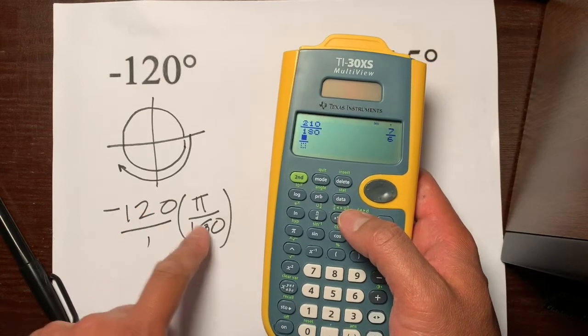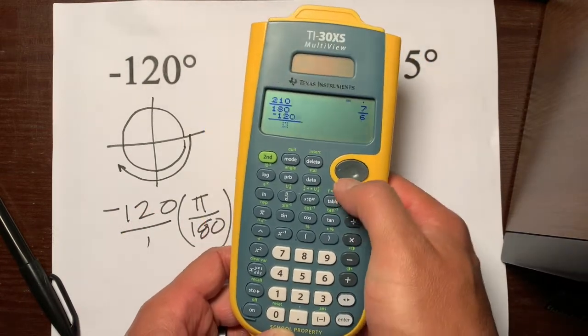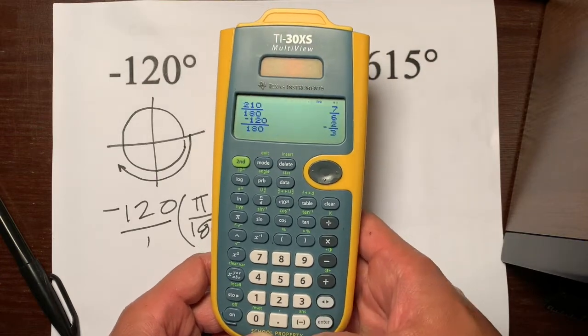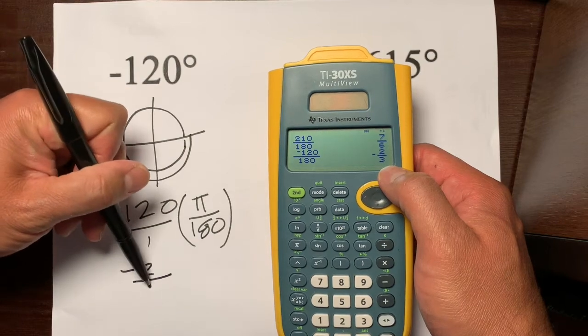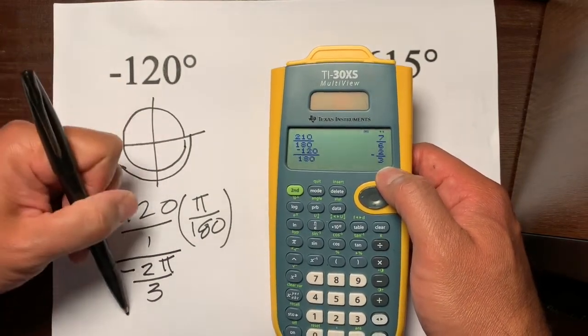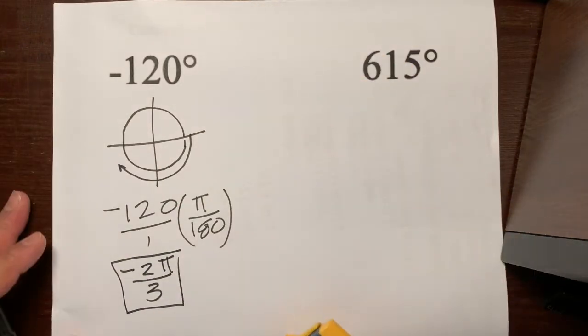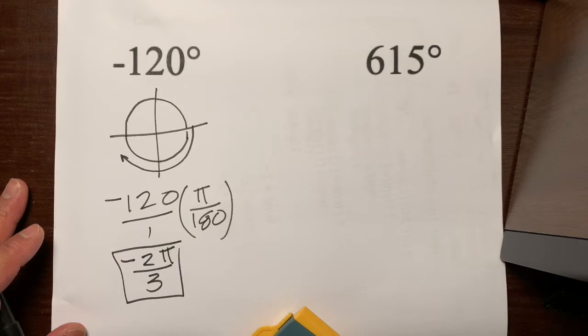Otherwise, you just have to manually simplify negative 120 over 180. That would turn to negative 2/3. And don't forget the pi. If you forget that pi, then the whole answer is wrong. So negative 120 degrees to radians is negative 2 pi over 3.